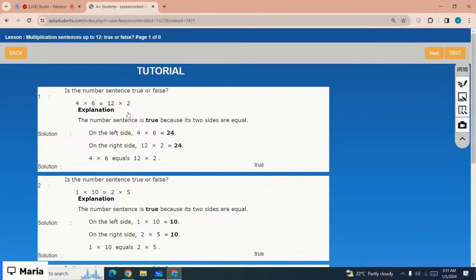Okay, so basically now you are given the multiplication sentence on both sides, right? You have to see if both sides have exactly the same answer. The numbers are different on both sides, right? You need to see if they have the same product. Like you have, is the number sentence true or false? So you are given 4 times 6 equals 12 times 2. So which is the correct option?